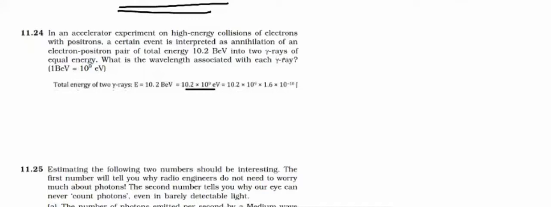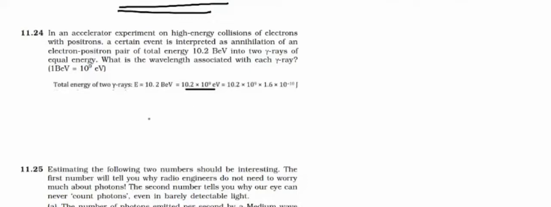So it is an annihilation process, an electron positron collision will give you two gamma rays. Then what is the wavelength associated with each gamma ray? You have to calculate that.